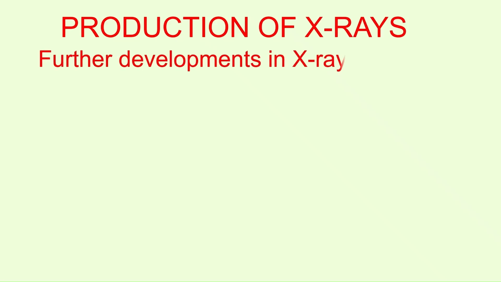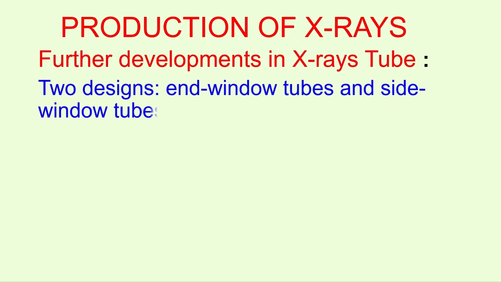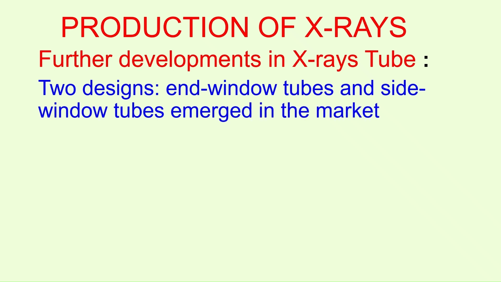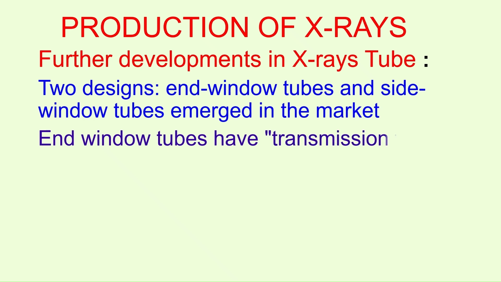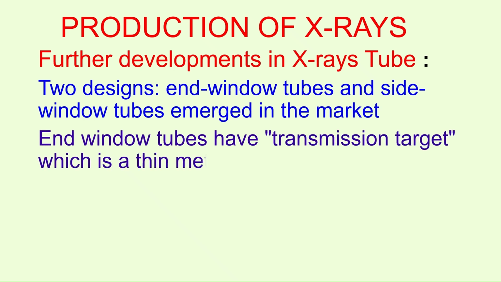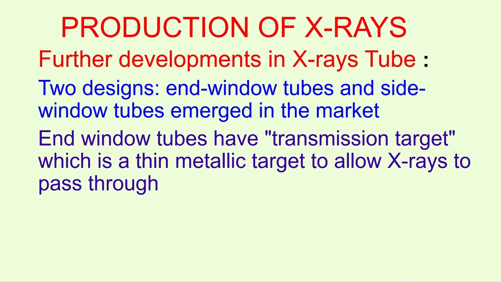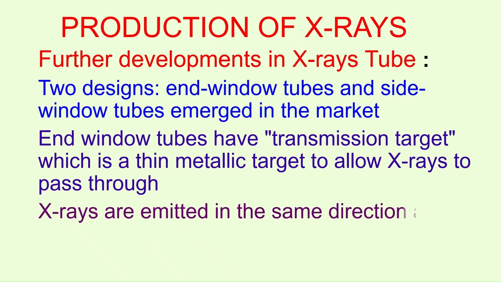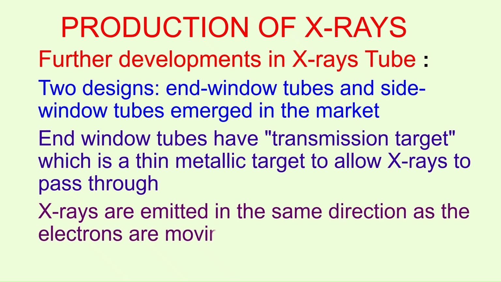In further developments of X-ray tubes, after the successful Coolidge X-ray tube, two designs were suggested and tried. End window tubes and side window tubes emerged in the market. End window tubes have a transmission target, which is a thin metallic target, to allow X-rays to pass through.